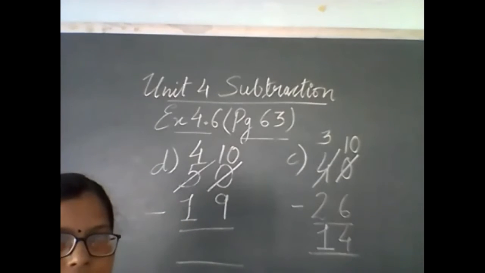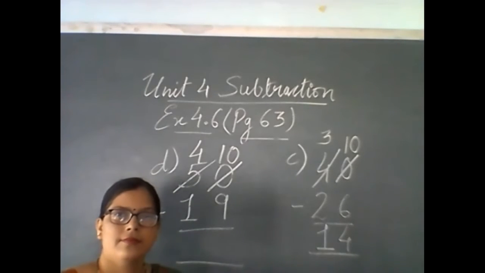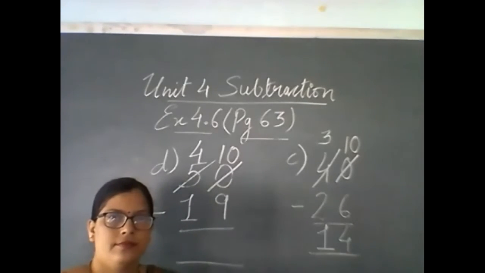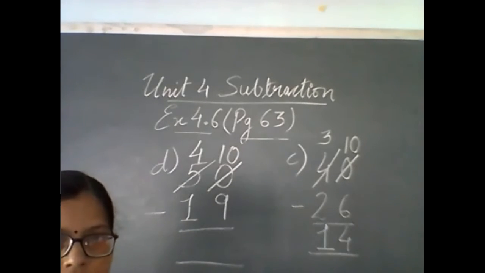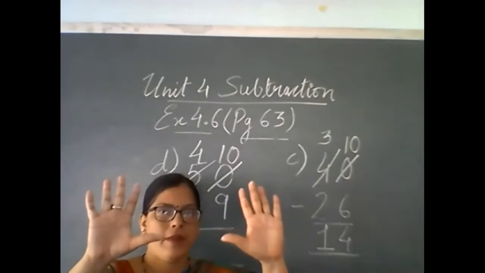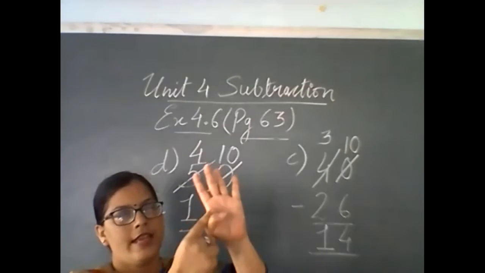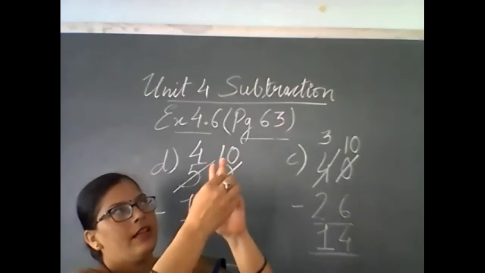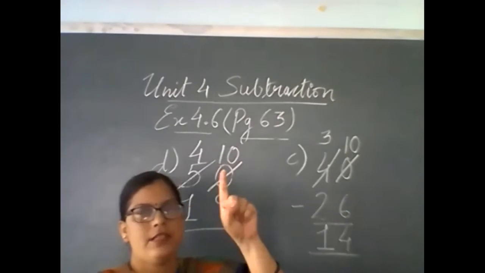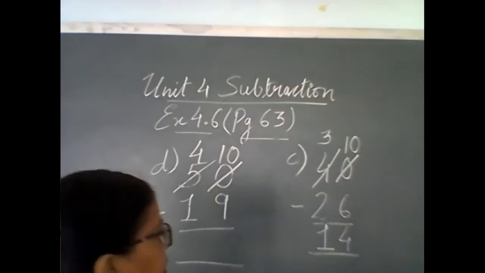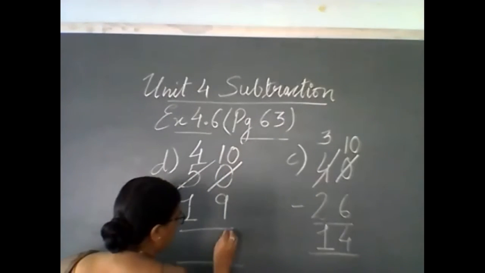Fast. 10 minus 9. 5. Taken away 5. 6, 7, 8, 9. What is left? 1. So 10 minus 9 is 1.